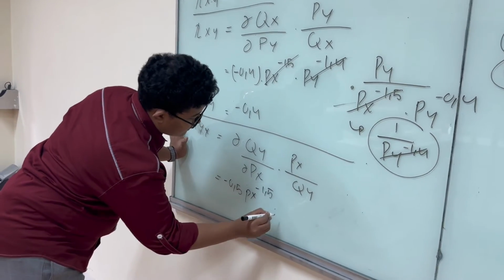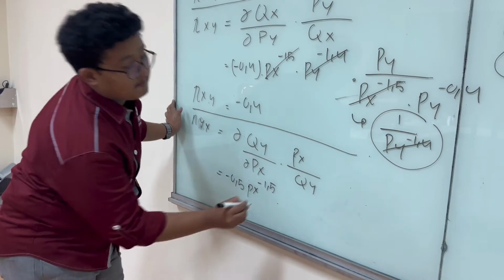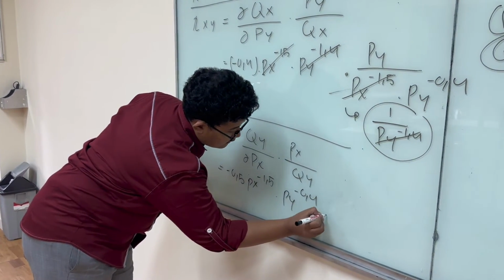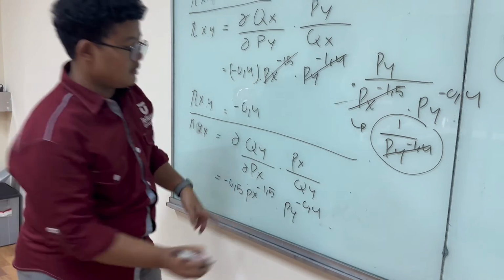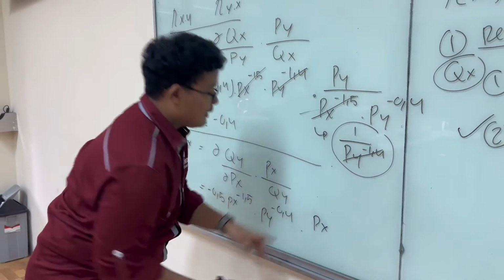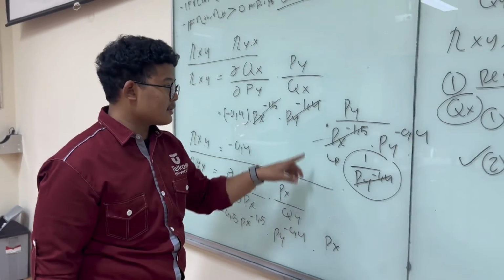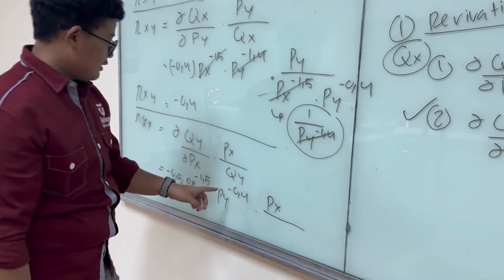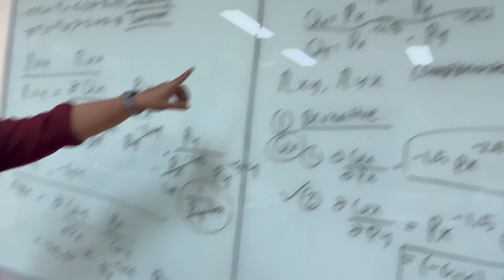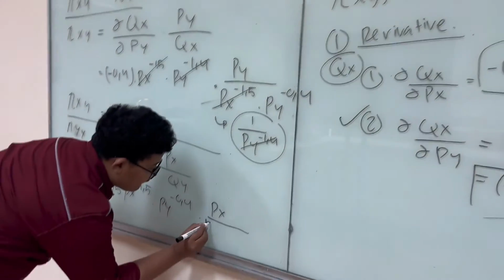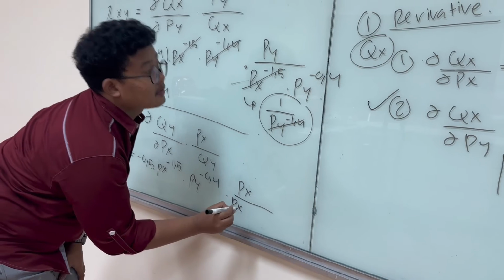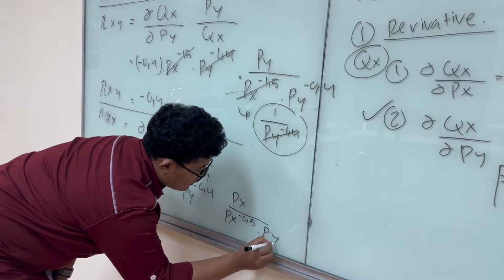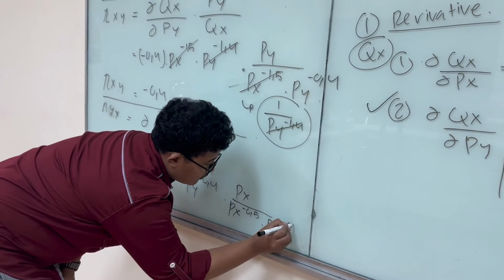Times py times px, because we don't have the values of px itself yet, so we just write it down back, divided by quantity y, the function of quantity y.